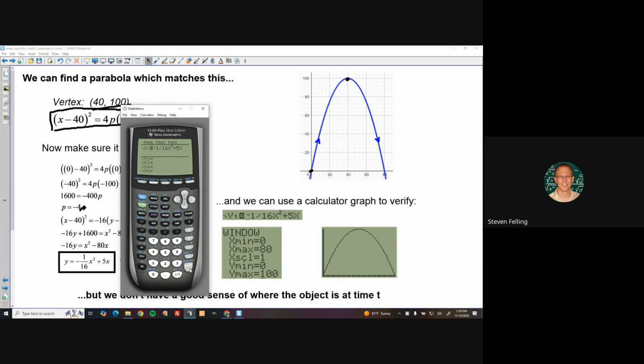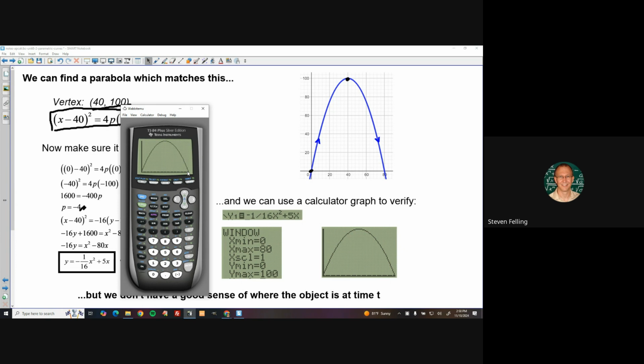And then we could graph that. A good window to use here would be from 0 to 80 in the x and from 0 to 100 in the y. And then if we graph that, we'll see the path where we're plotting x and y. So here's that parabolic path there.